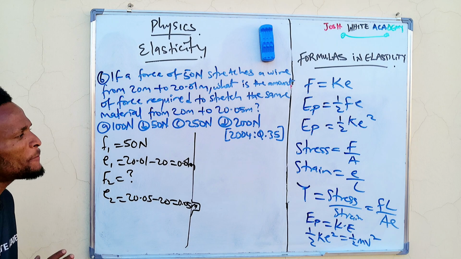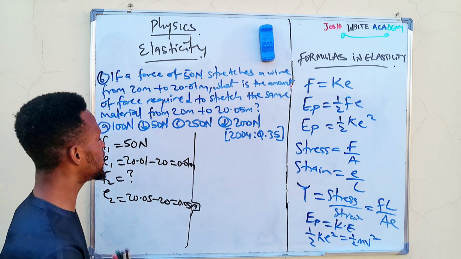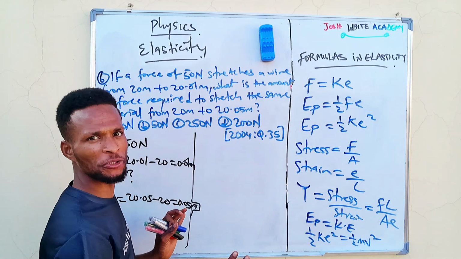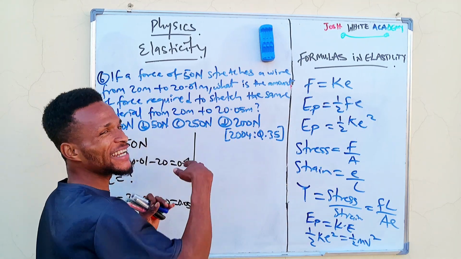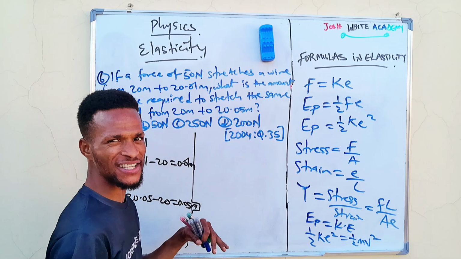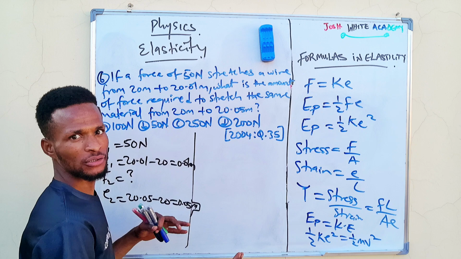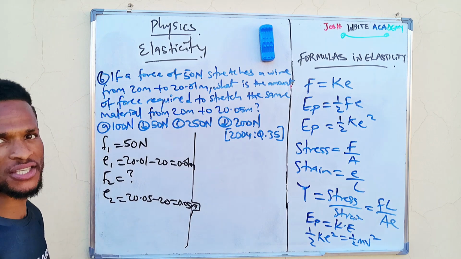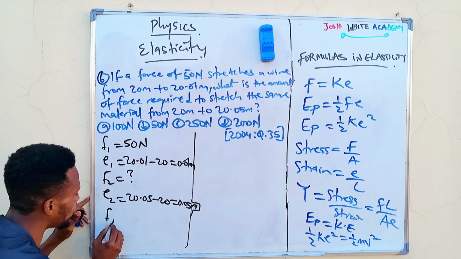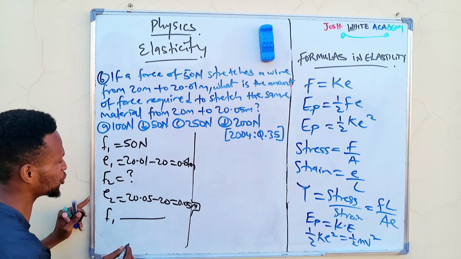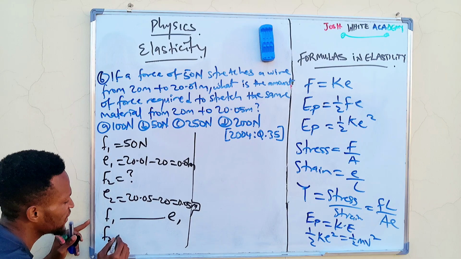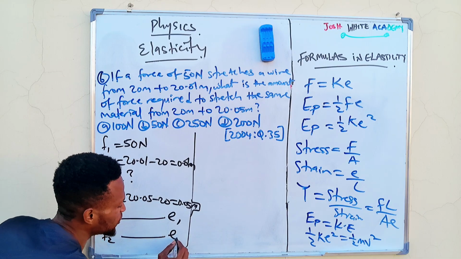So now, remember, the relationship between force and extension is a direct relationship. That means as one increases, the other also increases. And as one decreases, the other decreases. That means our first force is directly proportional to our first extension, and our second force is directly proportional to our second extension.